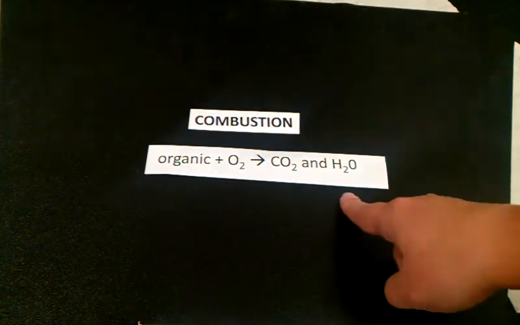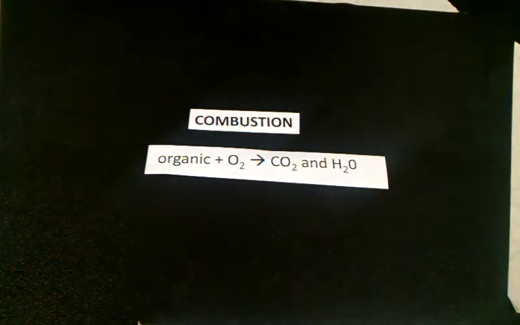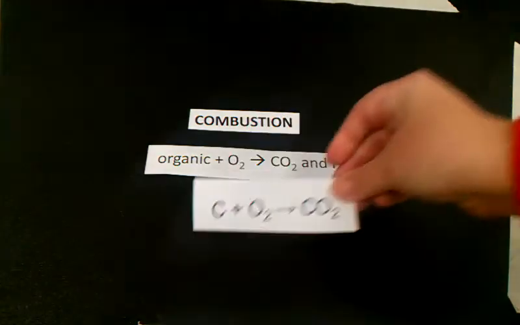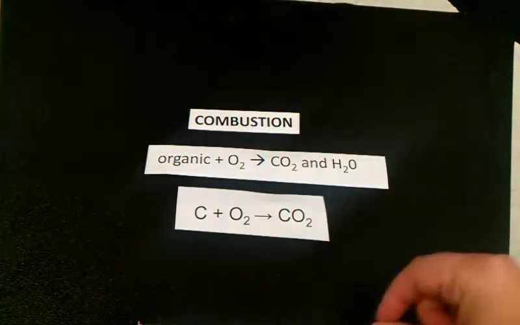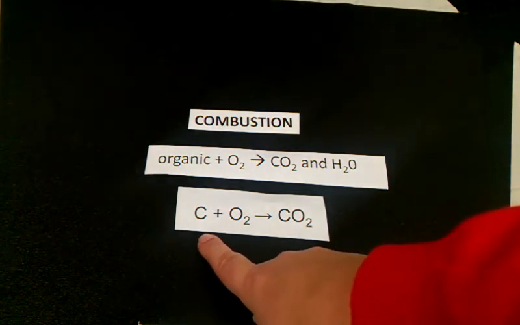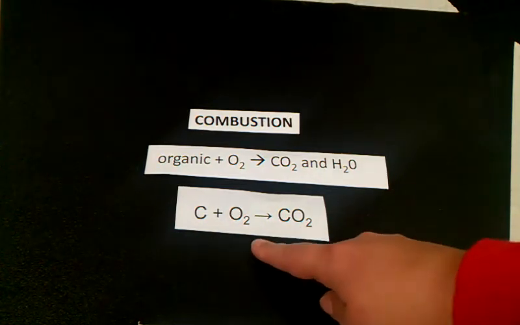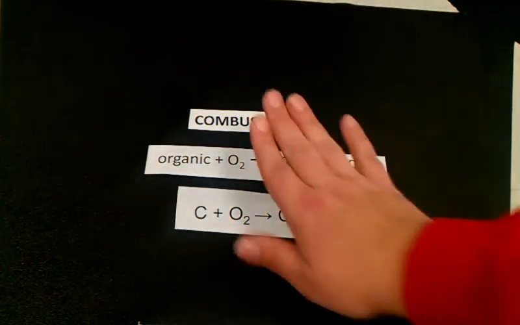You're going to get water if there is any hydrogen at all involved in the reaction. If there's no hydrogen, then they can't form water. So this is the one reaction where you don't get water if you just have carbon by itself. For example, if you're burning charcoal or something like that, it's just pure carbon. React it with oxygen, you'll just get carbon dioxide.